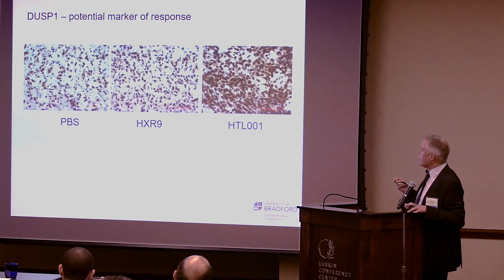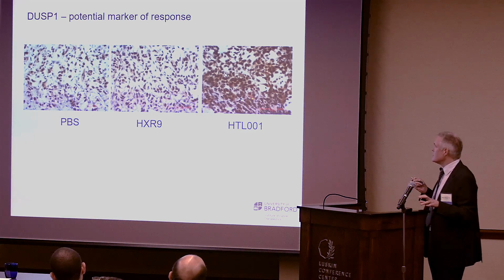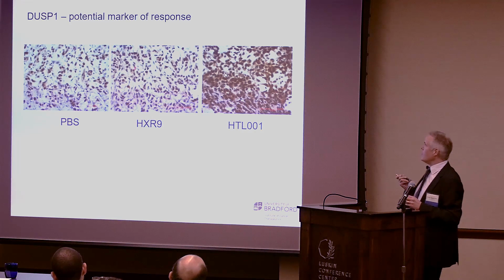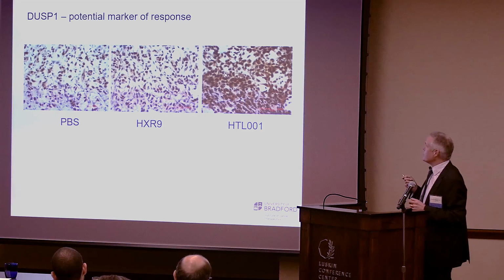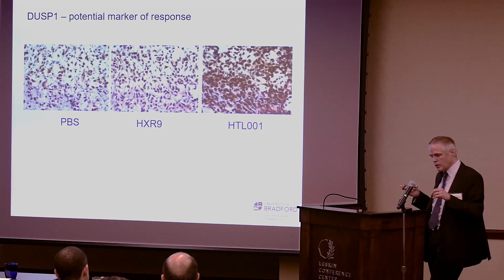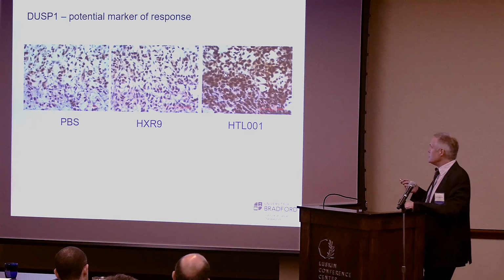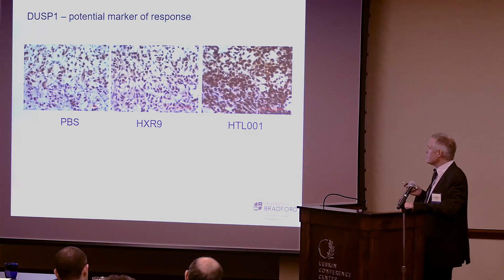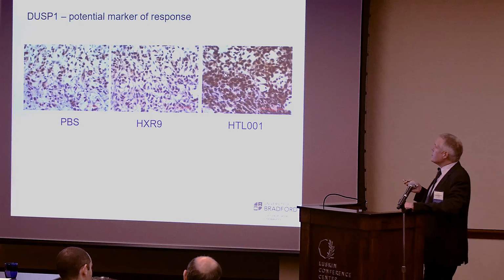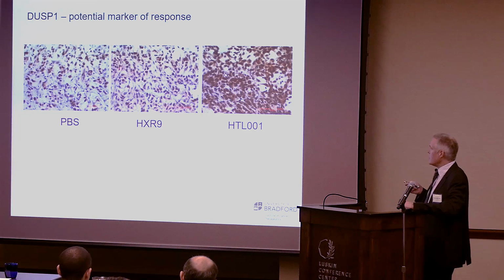And then in addition, some of the other work we've done implies that there's a useful marker of response. So often in clinical trials, you want, if possible, an earlier endpoint, the so-called surrogate endpoints, which tells you whether or not the tumour has actually responded to the drug that you've used. And this was just a study looking at some of these mouse tumours with a gene called DUSP1, which is another gene that responds to the addition of HXR9.